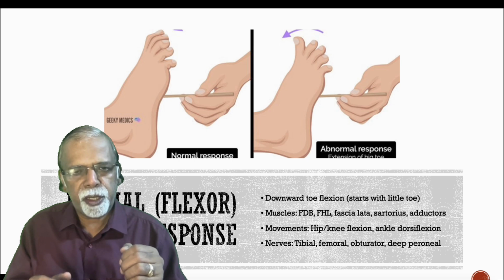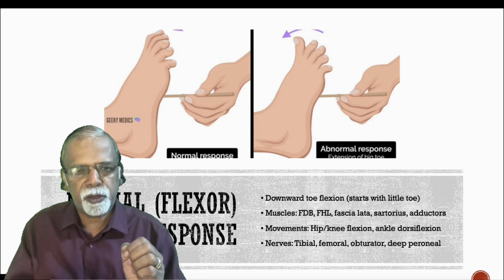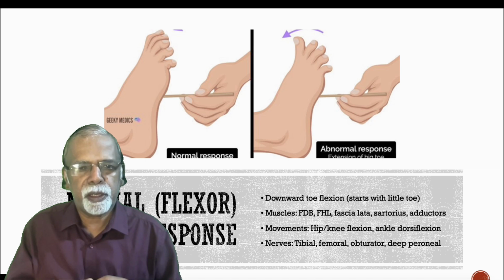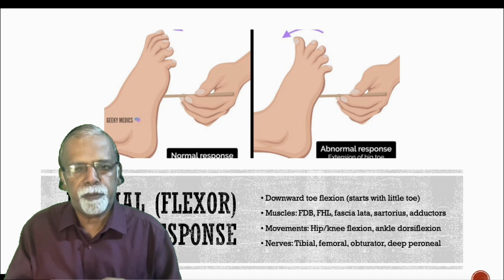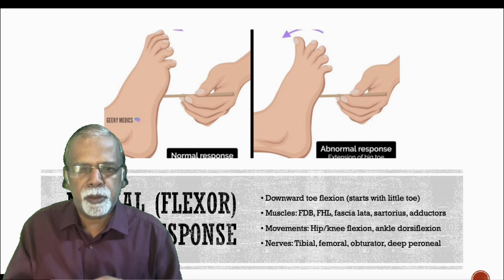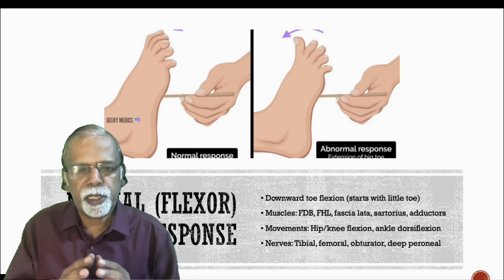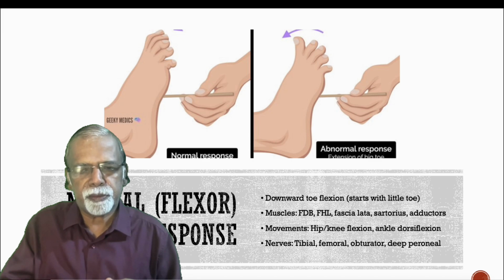This may be followed by dorsiflexion of the ankle and flexion of the hip and knee. The nerve involved is mainly the tibial nerve, but for contraction of the other muscles, the femoral and obturator nerves also come into action.